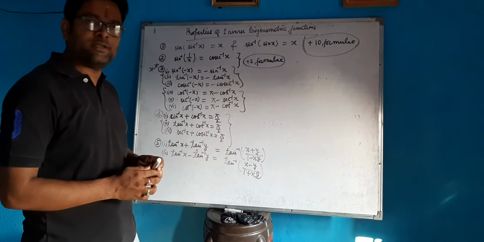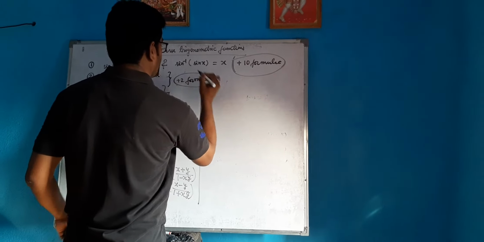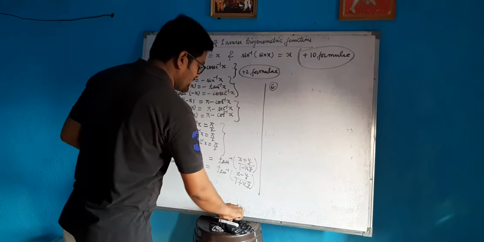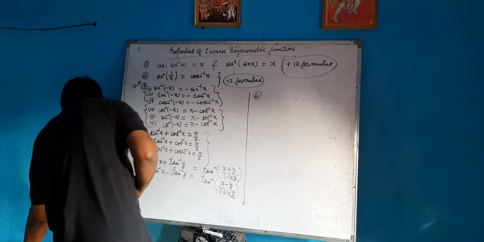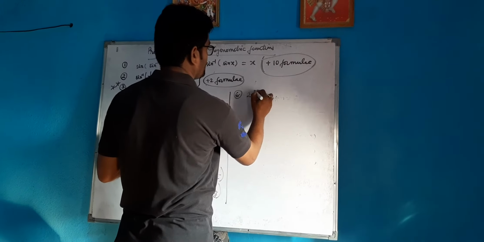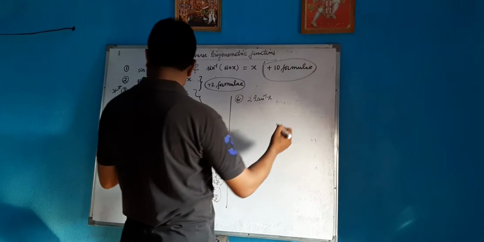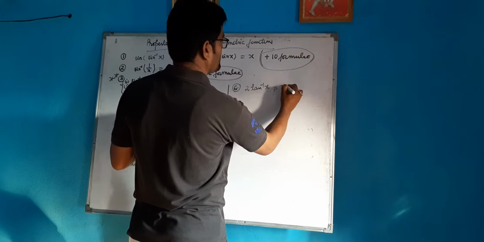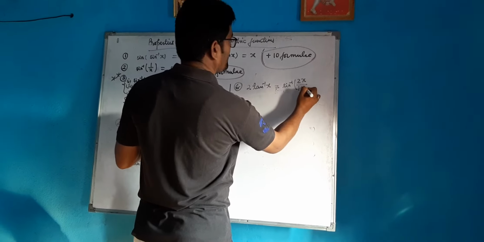Some more formulae. The next list is based upon multiple angles. For example, 2 tan inverse x is equal to sine inverse of 2x by 1 plus x square.